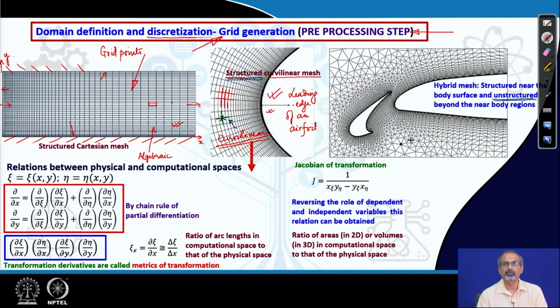Say this is a grid point, and if you look at the lines which have converged, you have one here, you have another, so many of them converging at that point. So, there is as such no restriction on how many lines may share a point. So, that is basically an unstructured mesh.